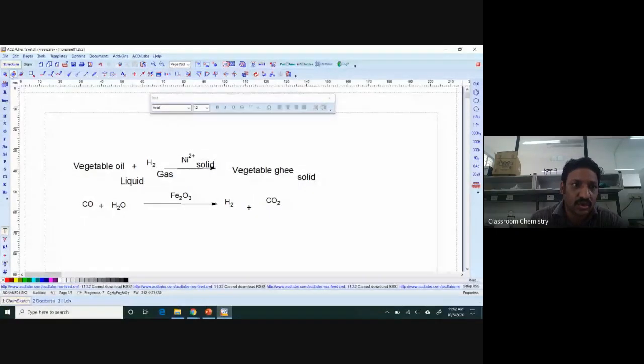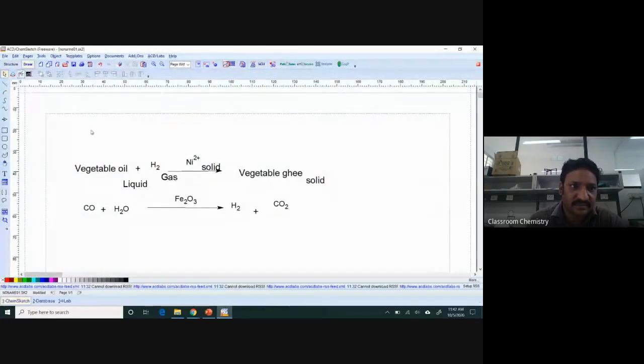Okay. So this vegetable oil is liquid, hydrogen is gas form, this catalyst is a solid, and your product is what? Solid. So it is the example of homogeneous catalyst or heterogeneous?